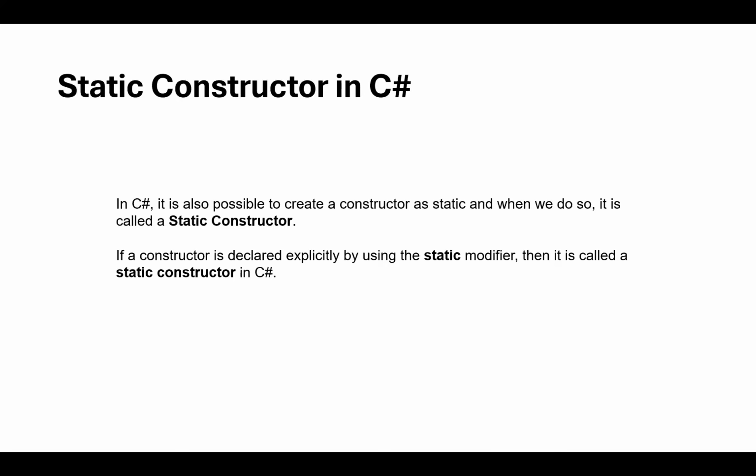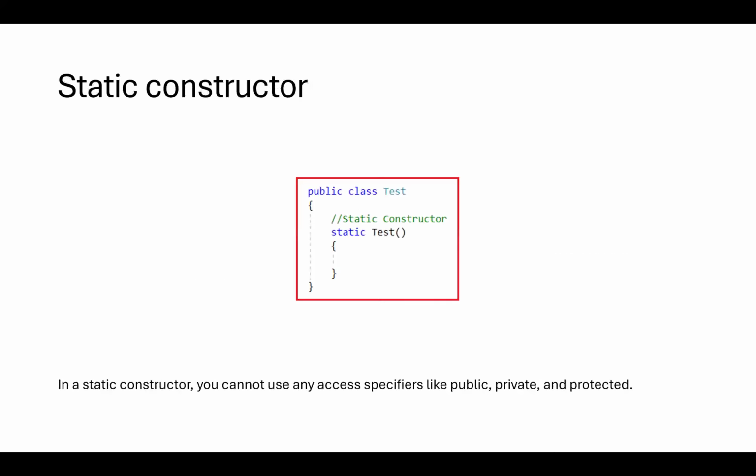All constructors defined till now are non-static, or instance, constructors. What does it mean? For example, we can use the following. So we define a static constructor. For a static constructor, you cannot use any access modifier: public, private, internal, and so on.